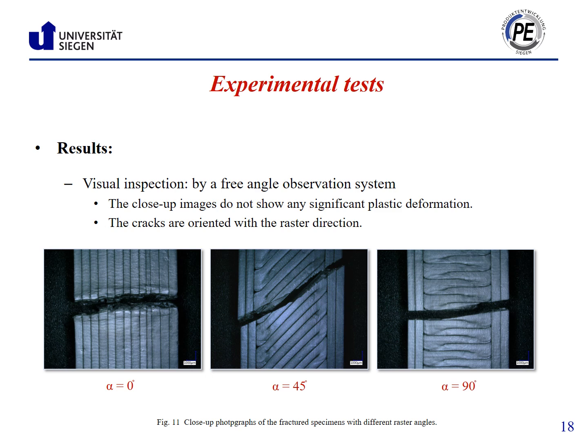In fact, the rasters which are not parallel or perpendicular to the load direction undergo a rotation and reorient into the loading direction. As you can see in the figures, cracks are oriented with the raster direction.